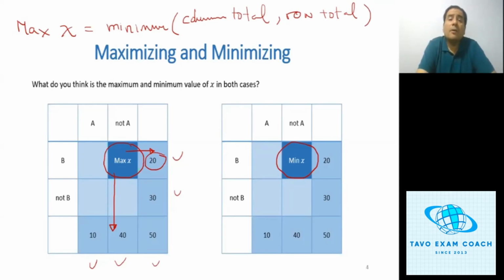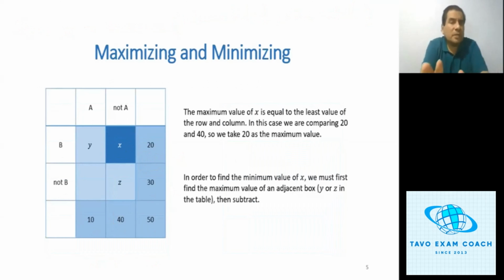Let's now talk about how to find the minimum value of X. Well, it's not always 0. Remember that the intersection counts always represent positive integer values, or 0 in the worst case. How can we find the minimum value of X? Since, for example, the sum of box Y and X is fixed, is 20, this sum is a constant value.